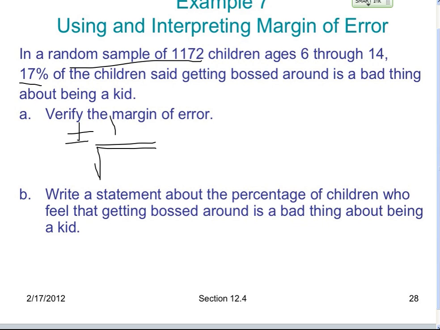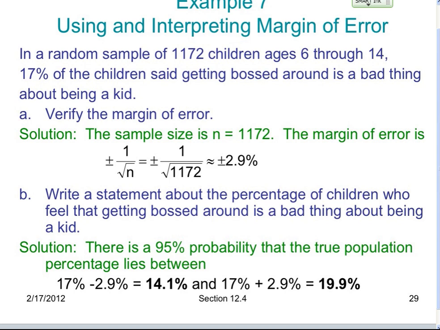In other words, how many people were asked in the sample. So the sample is how many children we talked to. So 1172. You would calculate that on a calculator. And you would get plus or minus 2.9%.